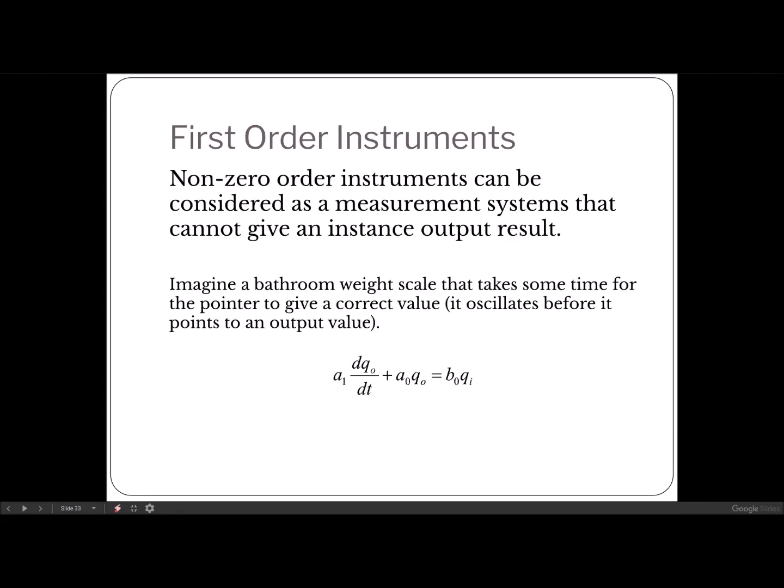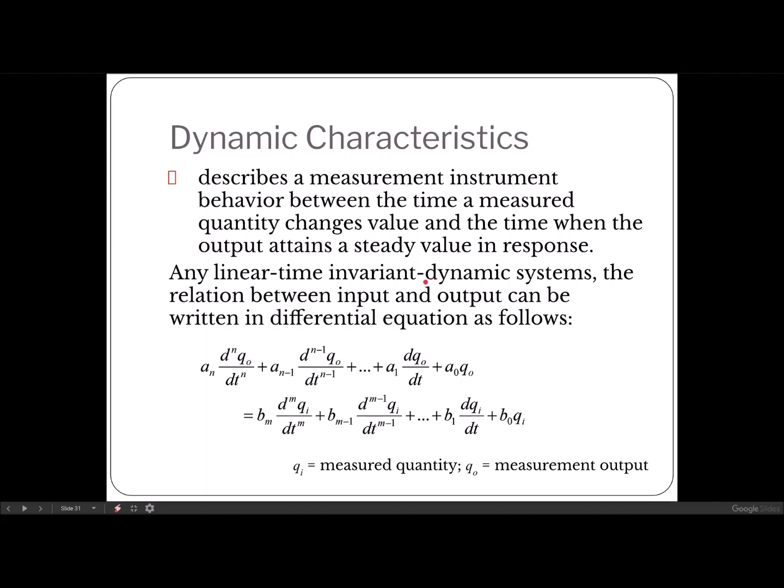We can have first order type. What is first order? If I can go back to the previous two slides, first order is when only A1, A0 and B0 are non-zero, or sometimes B1 non-zero is also possible, but only these three or these four are non-zero, the rest are zero, then we will have a first order instrument.